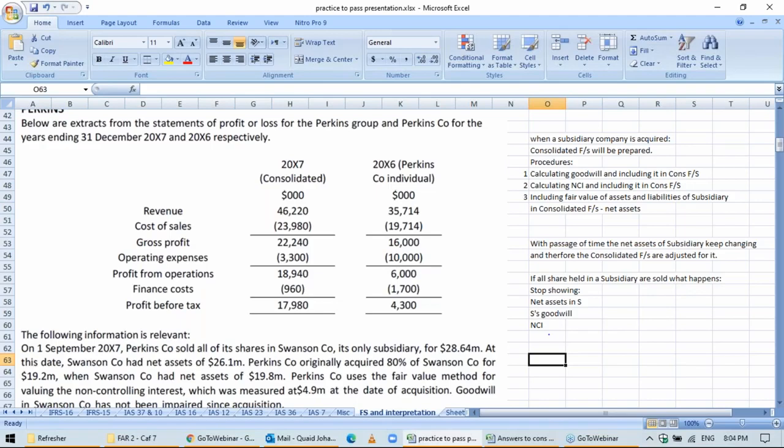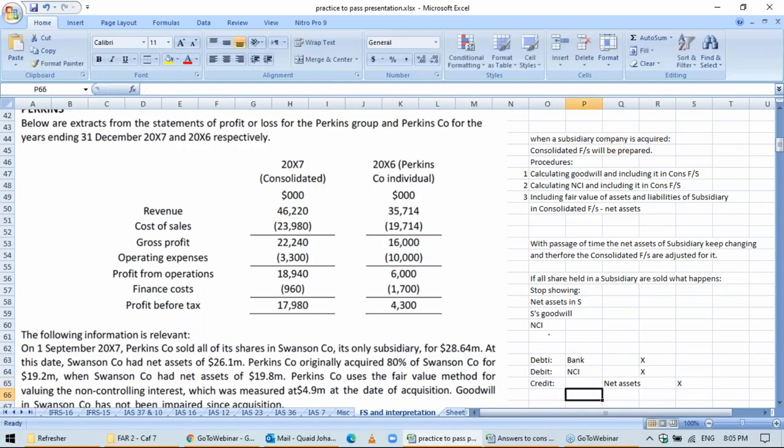So what happens is that you will make an entry. When you sell a subsidiary, you will receive cash. So in the consolidated financials, bank will be debited. Then you will cease to show NCI, so you will debit the NCI as well. NCI is equity, so it's a credit balance. In order to remove it, you will debit the NCI. Then you will credit the net assets in the subsidiary.